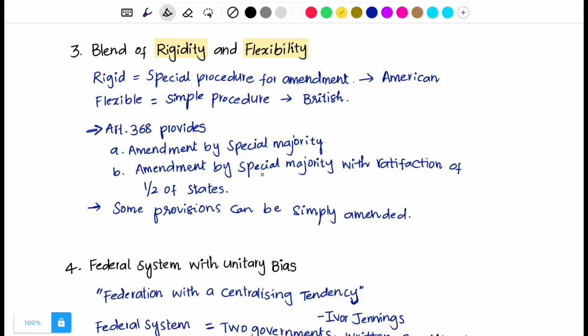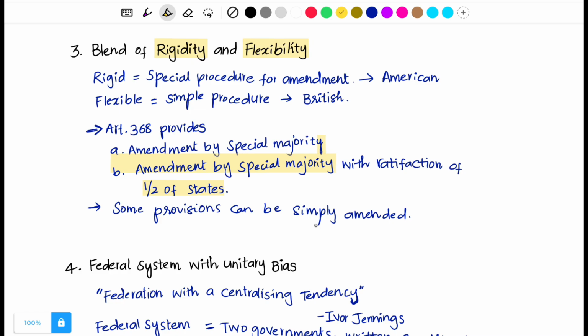That means 2/3 of the members present and voting in both the houses of the parliament, and also by the majority of the members. And the second provision talks about some provisions that can be amended by a special majority with ratification of half of the states. See, half of the states in the Indian Union should agree for such an amendment.